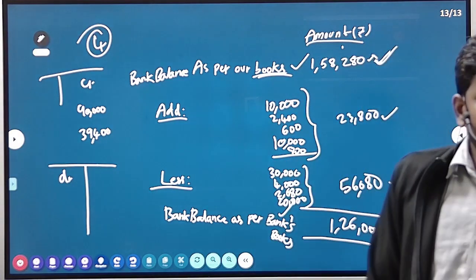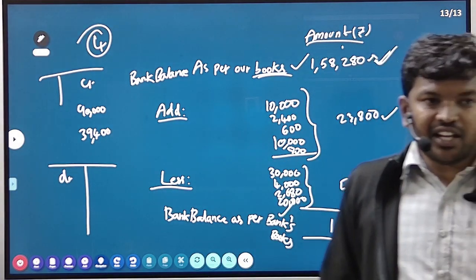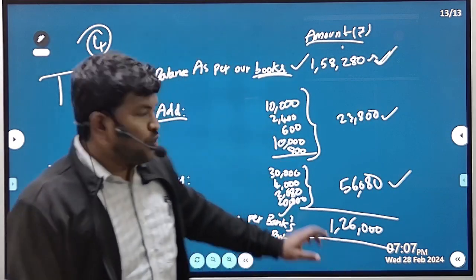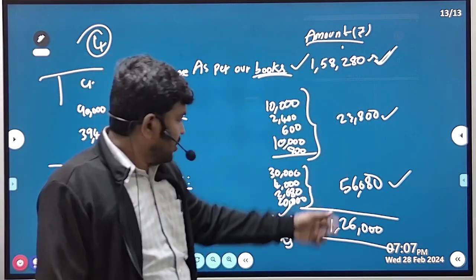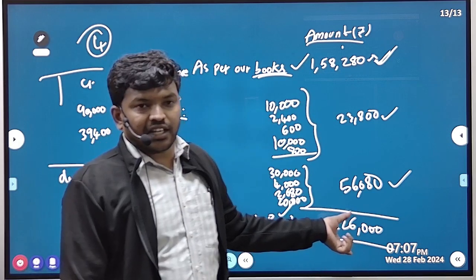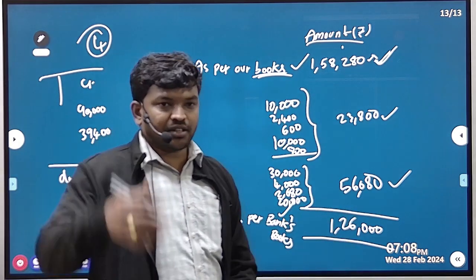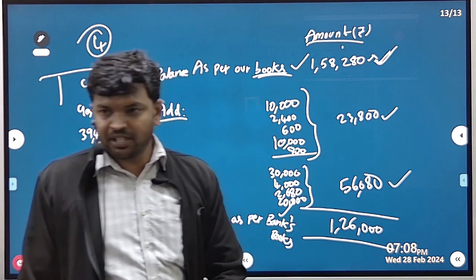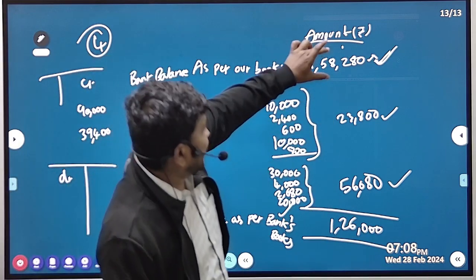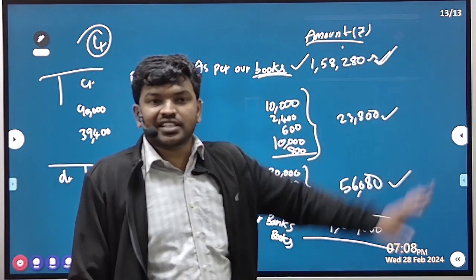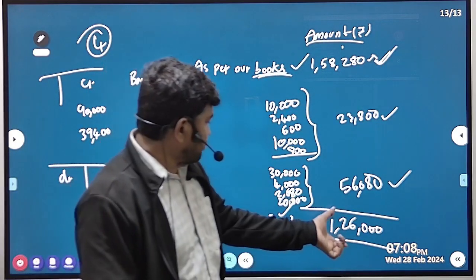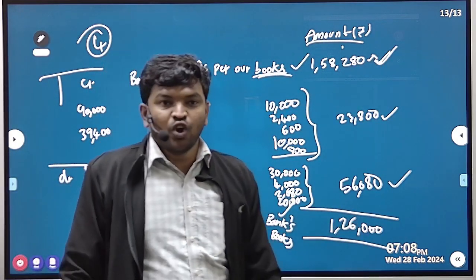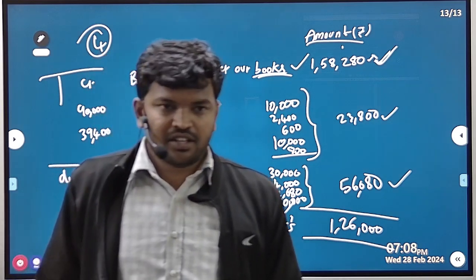Say for example, auditor आएगा 31st मार्च में, वो बोलेगा तेरा बुक्स में इतना डिफरेंस है, बैंक स्टेटमेंट लाओ. ऑडिटर हमारा बुक्स में बैंक बैलेंस कितना है देखेगा, बोलेगा बैंक स्टेटमेंट लाओ, 31 मार्च में बैलेंस कितना है 126, वो बोलेगा क्यों डिफरेंस है.